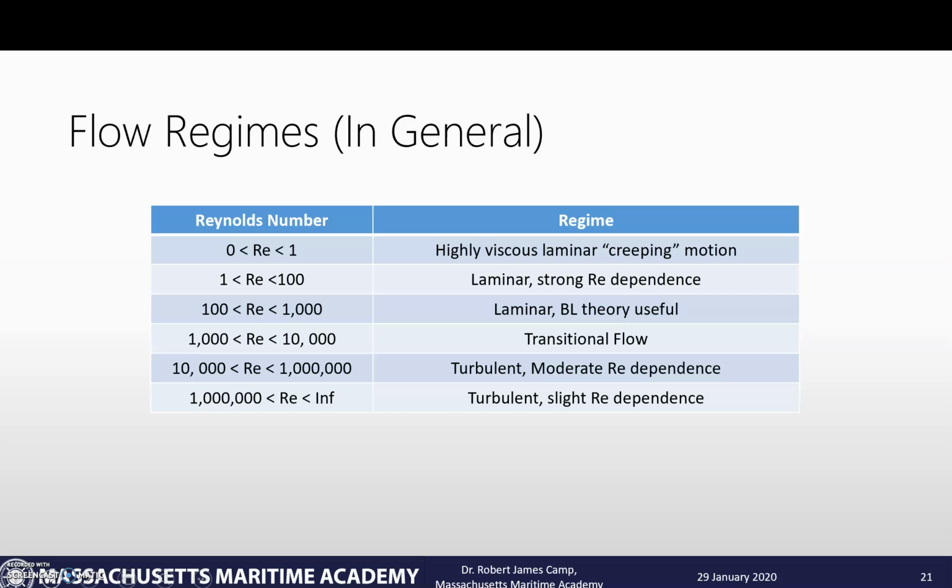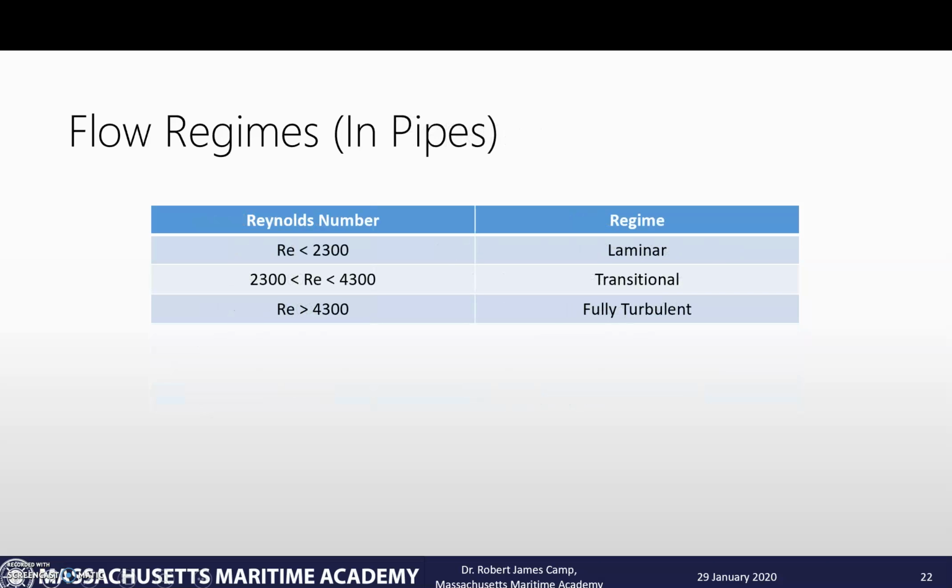But once we bound the flow inside a pipe and we start making some assumptions, that's when we can say, okay, well, this Reynolds number equates to this kind of flow. So typically in pipes, if we're below a Reynolds number of 2300, we assume that's a laminar flow.